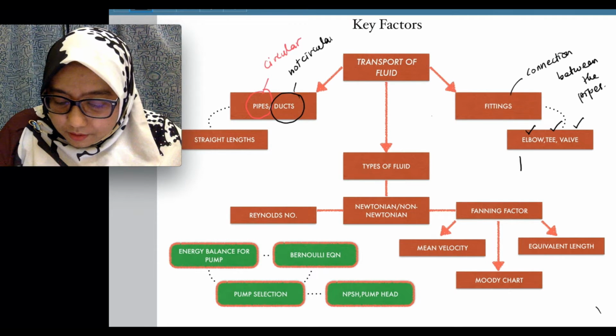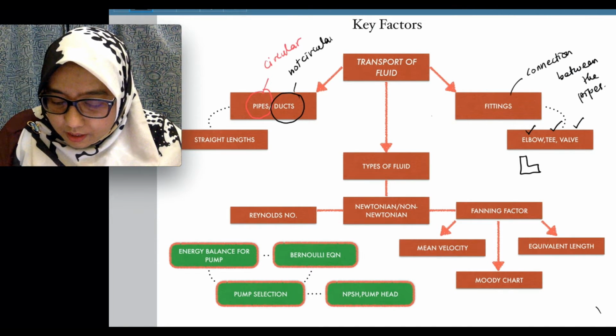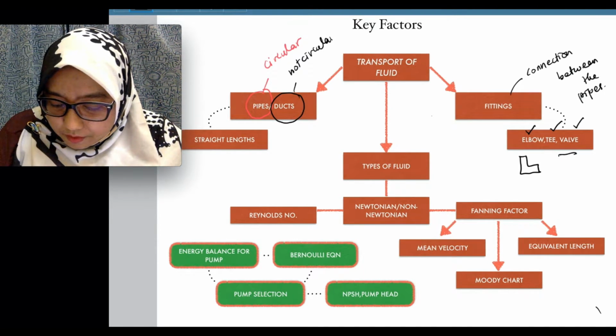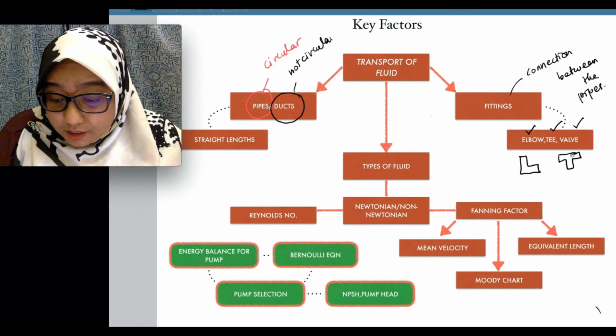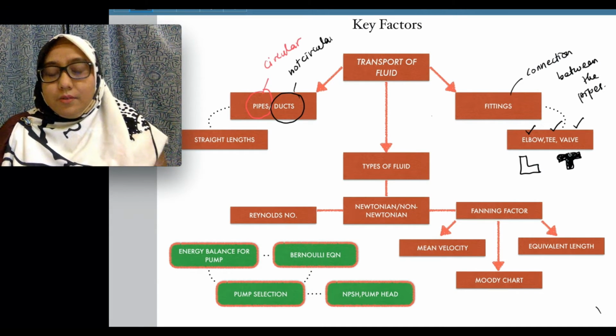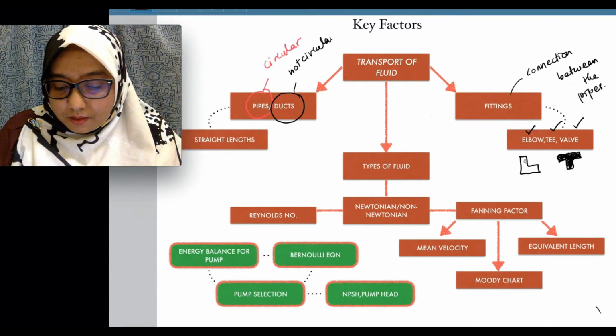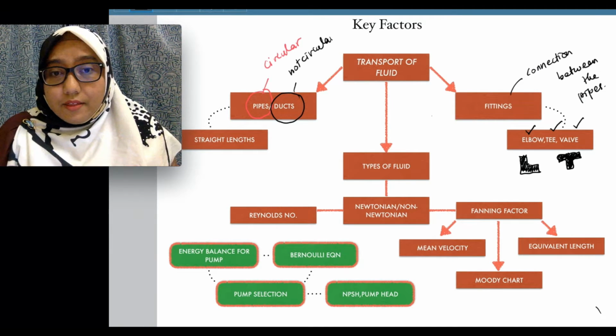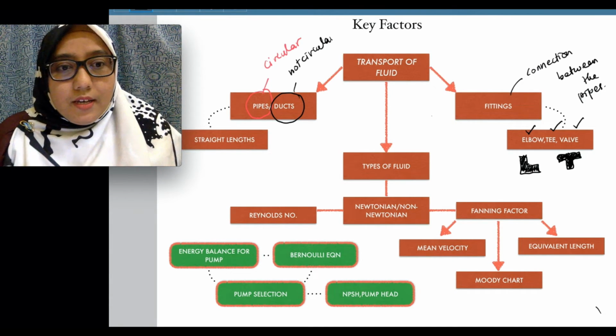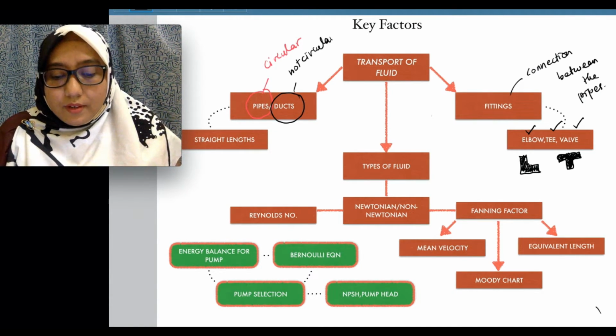So for example, elbow, T, and valve. Elbow is the 90 degree one. T, we will have a shape with three junctions here. Okay, these are the factors that will influence the fluid flow.